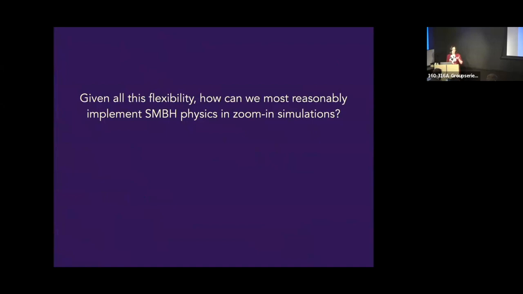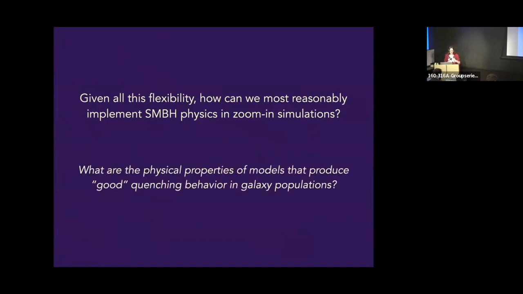Or if we kind of turn the question around, given all of that flexibility, what are the physical properties of the black hole models that can produce quote unquote good quenching behavior in galaxy populations? Not looking for the correct quote unquote model, but looking for the properties of models that lead to nice galaxy outcomes.